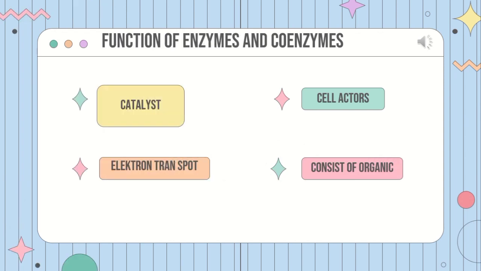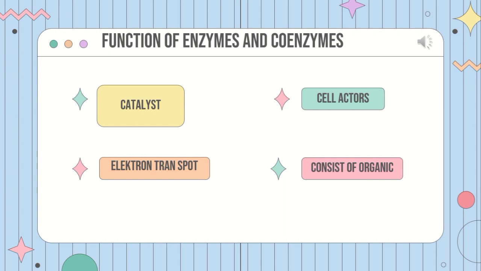Next, we have the functions of enzymes and coenzymes. The first is catalyst. Coenzymes have an active function as a catalyst that can increase the catalytic ability of an enzyme. Second, electron transport. In addition, coenzymes also function to determine the properties of a reaction and can act as an electron transport from one enzyme to another.